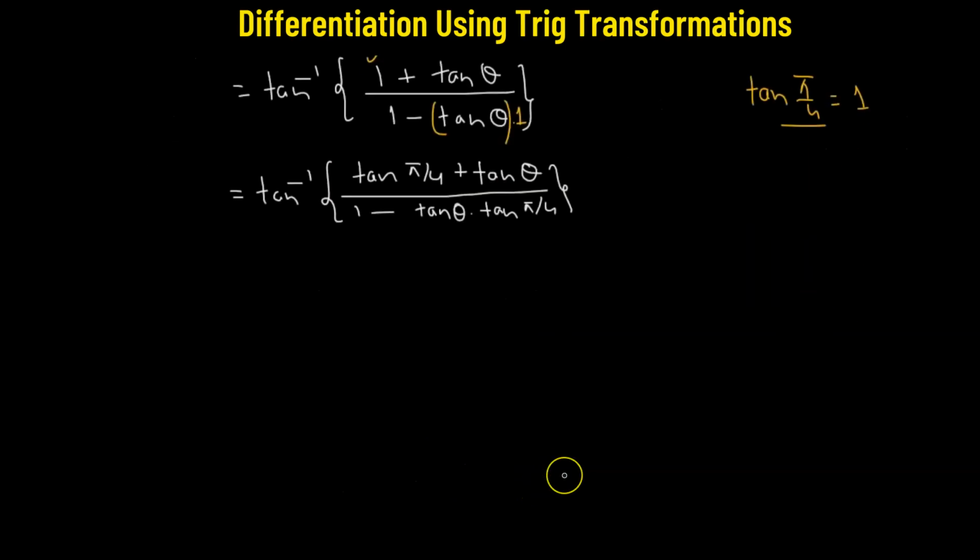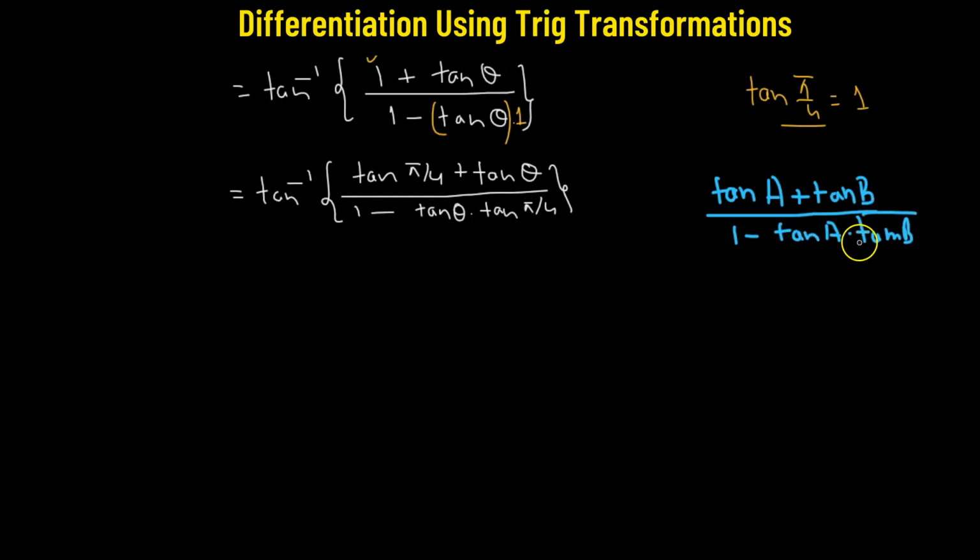We have done this because there is a property of tangent which says that tangent of A plus tangent of B divided by 1 minus tangent of A times tangent of B is actually our function tangent of A plus B. So in our case, A is equal to pi over 4, and B is theta.